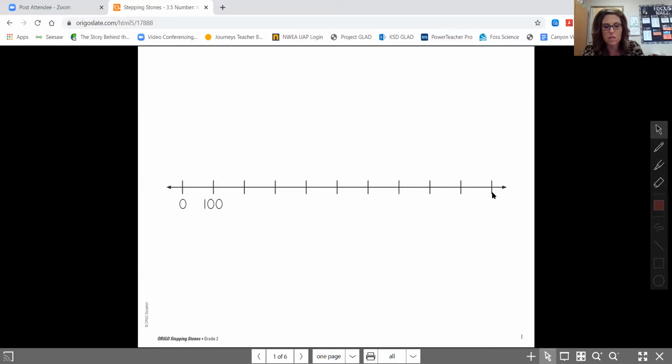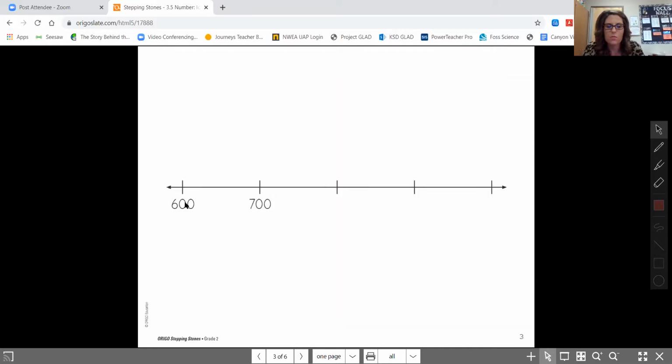That's probably where I would end. What do you think would be halfway in between? What's halfway in between 0 and 100? Did you say 50? If you said 50, you're right. So 50 is the halfway mark. So if we could mark a 50 there, between 100 and 200, it would be 150. So then we'd mark all the 50s between each of these, okay?